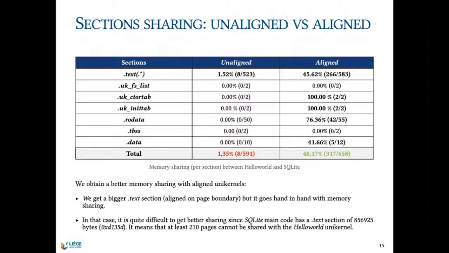By inflation, we mean that aligned unikernels will consume more pages since they are aligned on the page boundary and are just a bit bigger than the unaligned version. That is why we have a bigger number of pages in the second column when we deal with aligned unikernels.